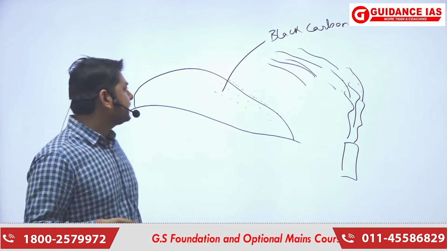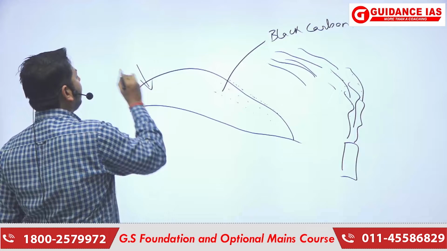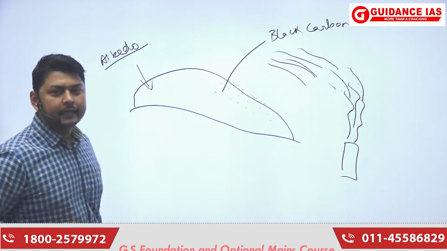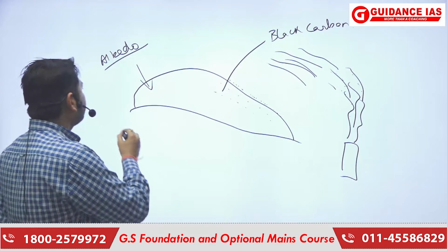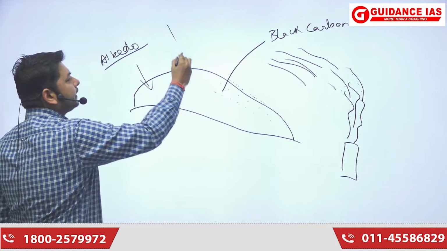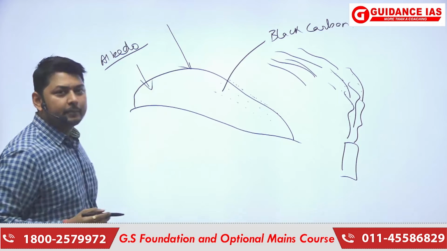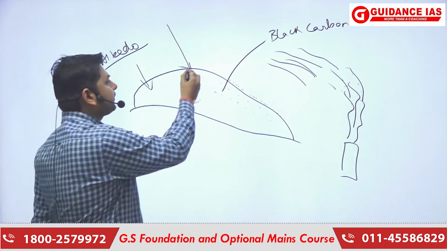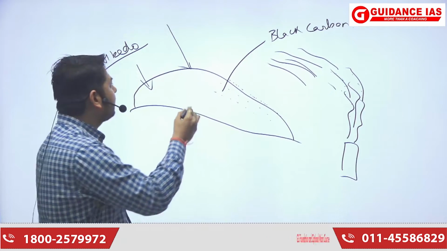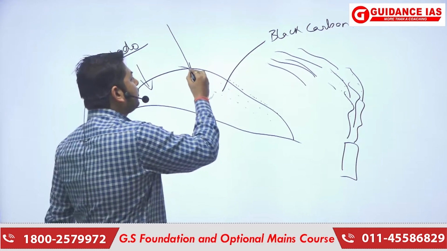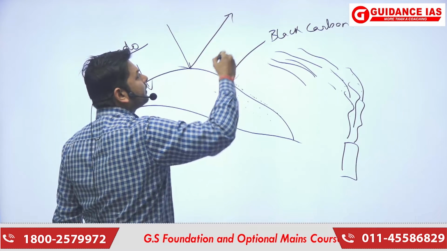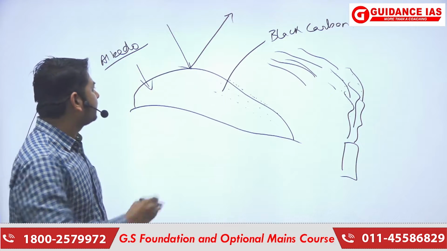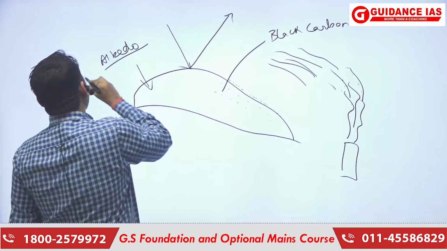Now, if we see the albedo of a glacier, it is very high. The amount of solar radiation that impacts the glacier surface, because it is white, almost all of the incoming radiation is reflected back. This is called high albedo.